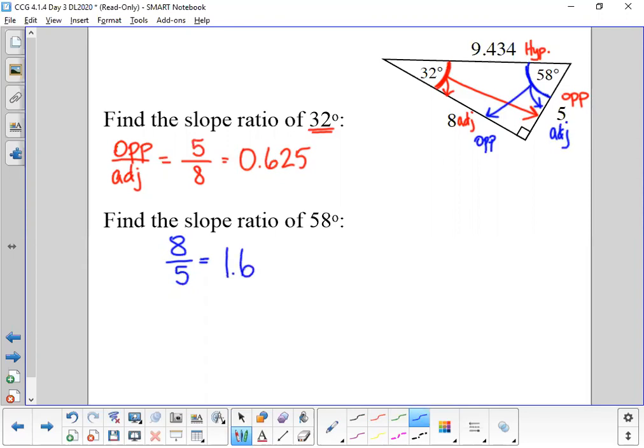So remember, we talked last week about how in a right triangle, the acute angles are complementary, they add up to 90, and their slope ratios are reciprocals. So 5/8, 8/5. And here's why they're reciprocals. Because when you come from a different reference angle, your opposite leg will become the adjacent leg and vice versa. So if I'm doing opposite leg over adjacent leg, I'm going to get my slope ratio.